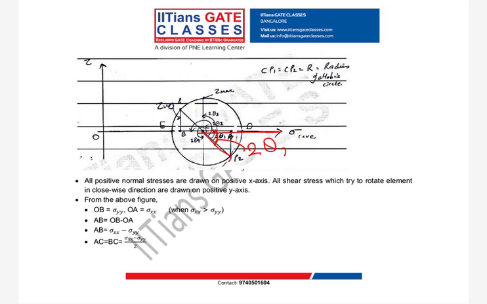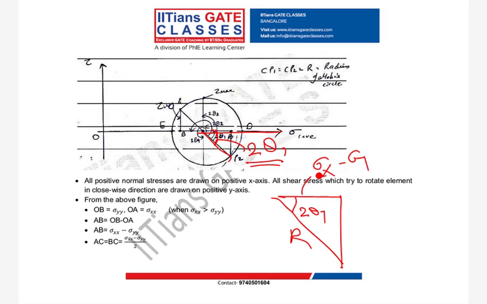So what we see here, this triangle, right? This is 2 theta 1, this is radius R, this is sigma x minus sigma y by 2, because this point is C, this point is A, this point is P2.